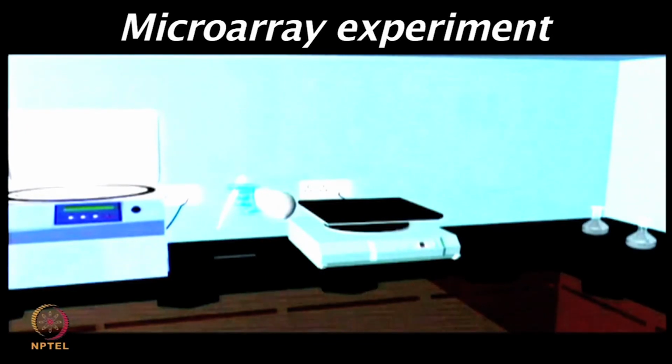After the washing step, it is important to remove any liquid which is adhered on the chip surface. One can use a centrifuge to remove this liquid, or one can use compressed air to dry the slides.